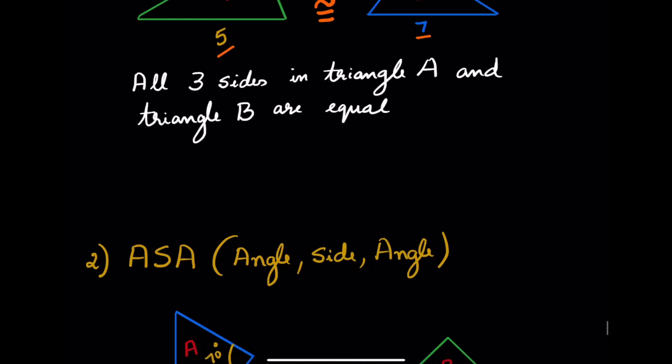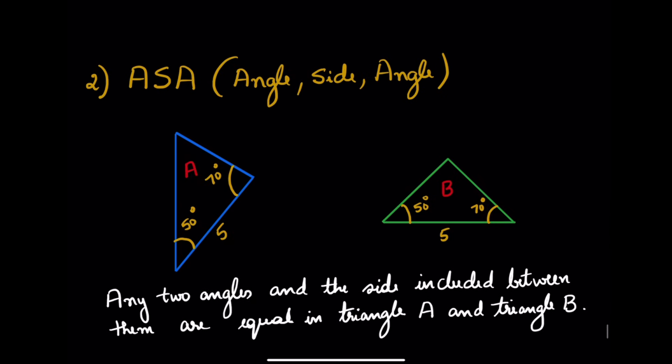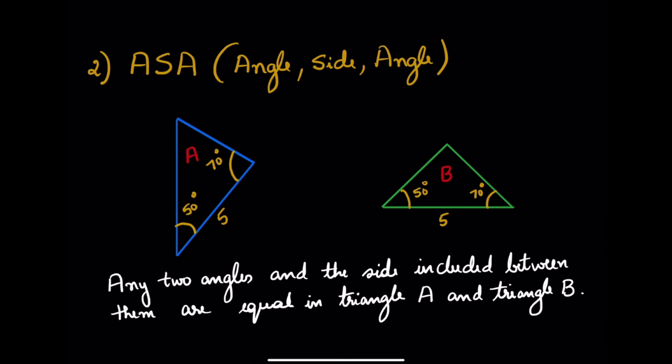Let's see the second case. Here we see that there should be a side between two angles which is equal in both the triangles. Let's understand this further.